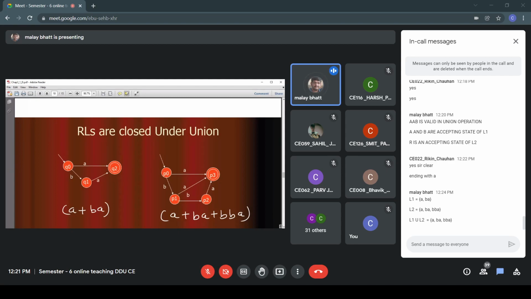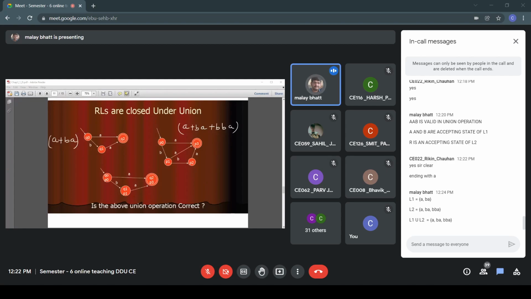So here you can see that when you perform a union operation, you cannot directly generate the states like this. What you have to do first is add the dead state into the diagrams.